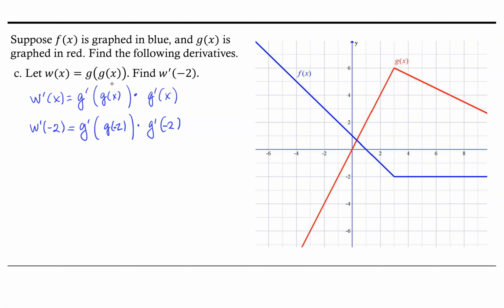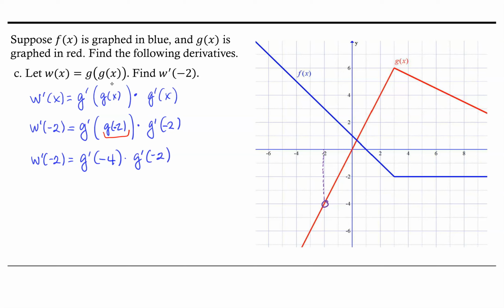Okay, so first of all, let's get our g of -2. So coming over to our x-axis at -2, you might recall that g of -2 is in fact equal to -4. So we have w prime at -2 equals g prime at -4 times g prime at -2.